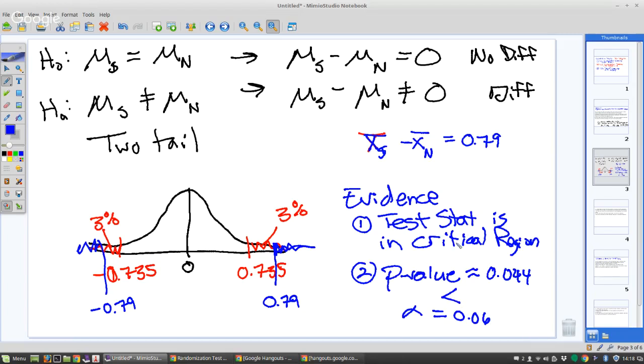So since it's in the critical region and the p-value is less than alpha, then I get to reject the null hypothesis, which means my data gives me evidence that the alternative is correct, that there is a difference.